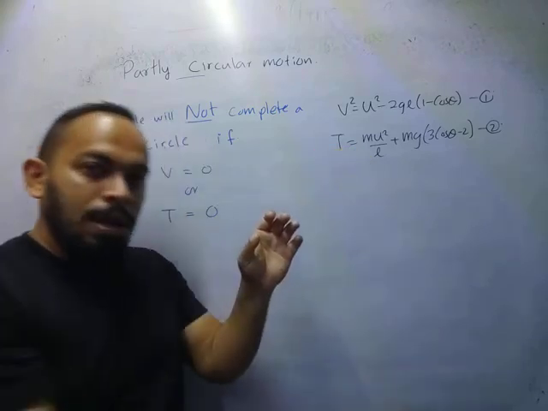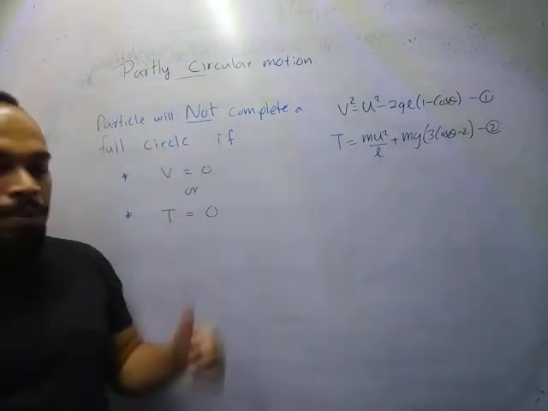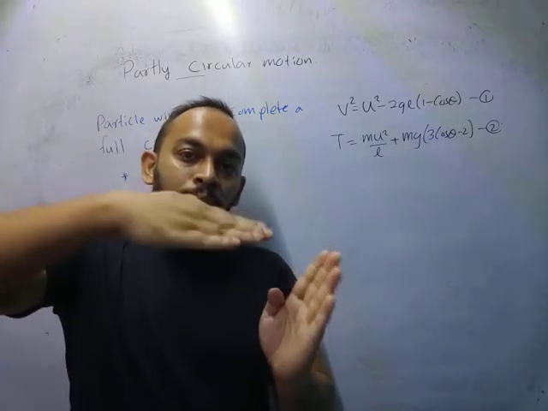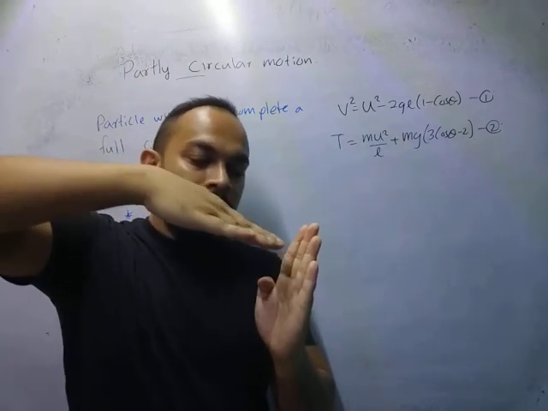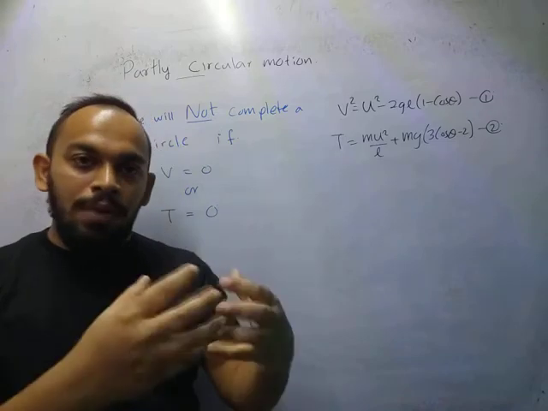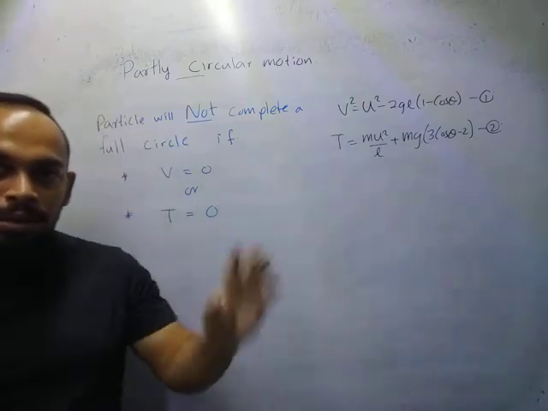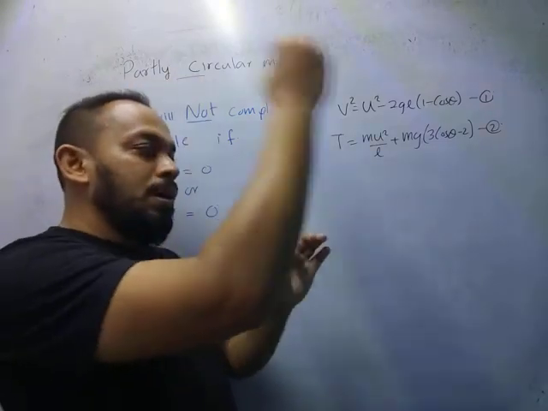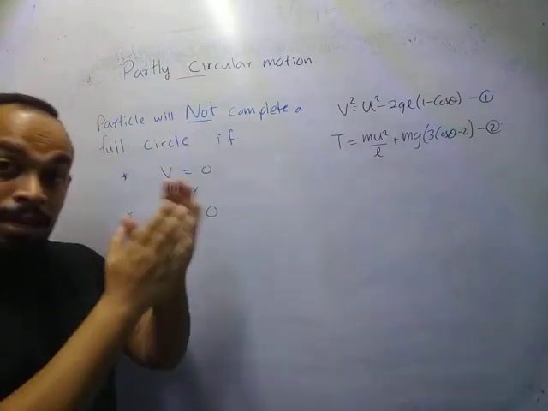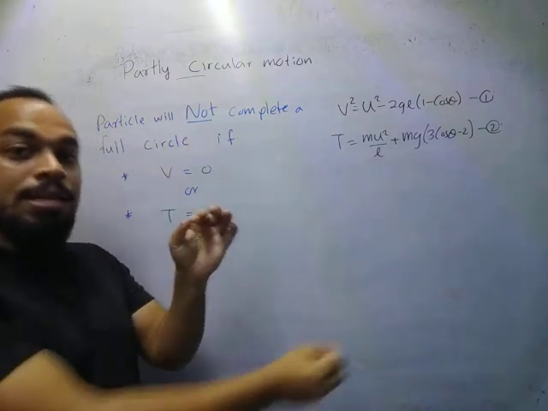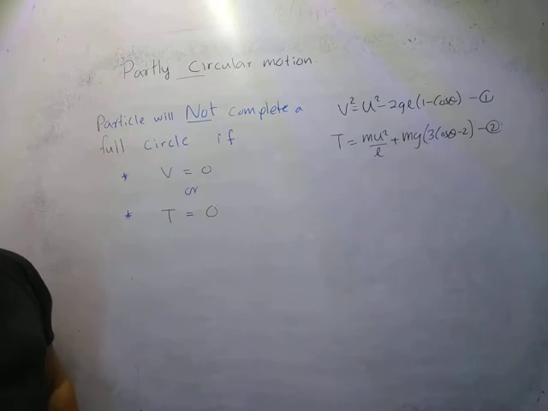It might come back. T equals 0 means no force directed towards the center. You need a centripetal force directed towards the center for the particle to move in a circular path.